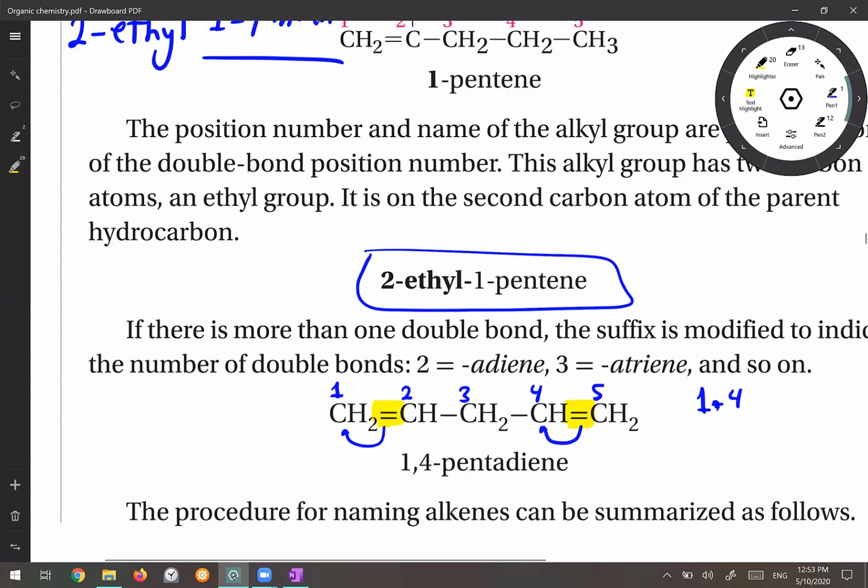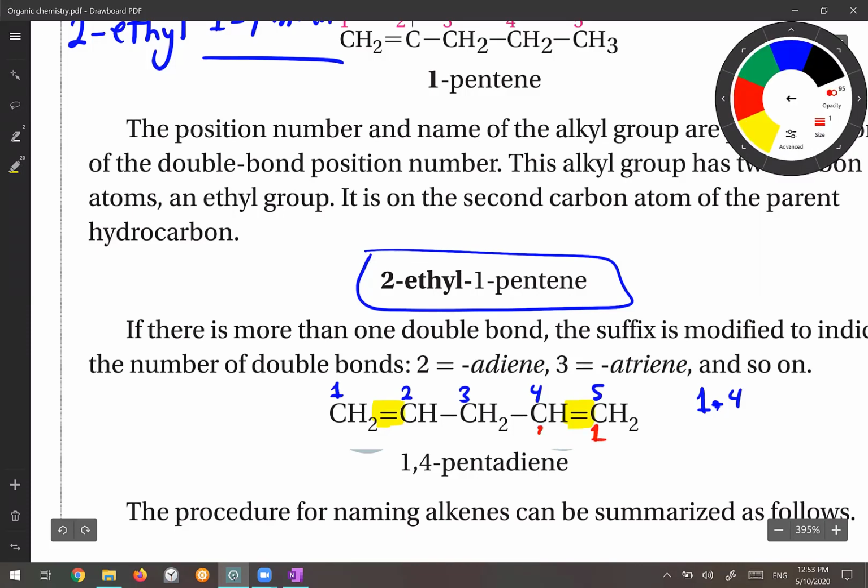Now, if I number it from the right side, this would be carbon number 1, this is carbon number 2, this is carbon number 3, this is carbon number 4, and number 5. So the first double bond appears on the first position, and the second double bond is on the fourth position. So you can see for both of them, the situation is the same.